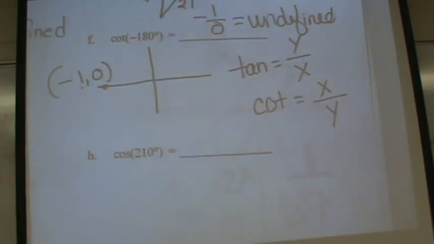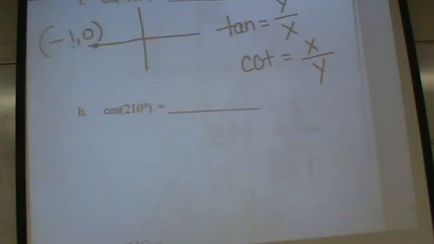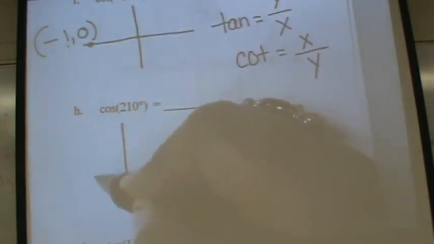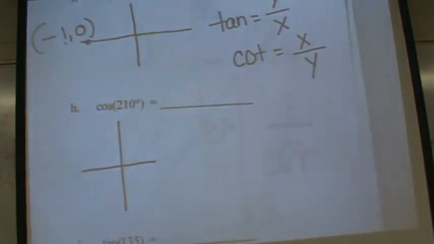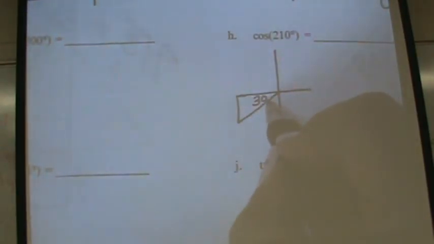I'm running out of time. I want to do H. Where's 210? Third quadrant. What angle do you make with it? 30. So there's 210, a 30-degree angle.